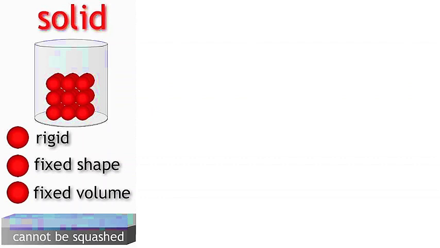It has a definite shape. Another thing, since there are no spaces in between and among particles of solid, it has a fixed volume and therefore it cannot be squashed anymore. Remember volume in your previous classes? Volume is the space occupied by an object.